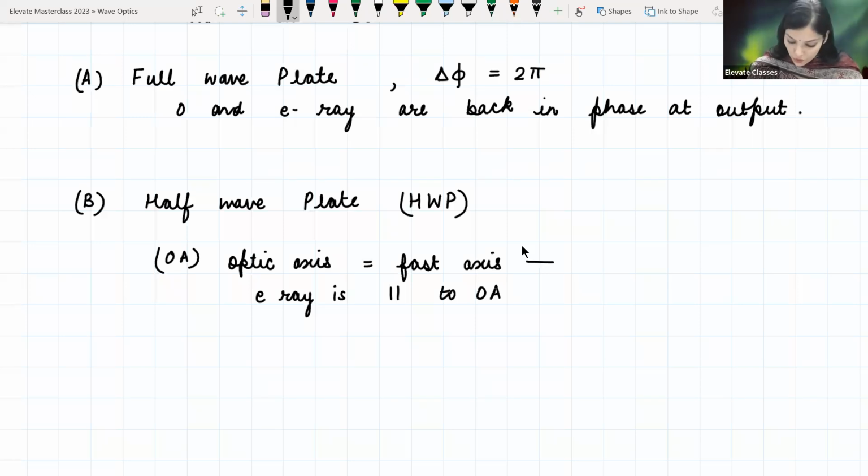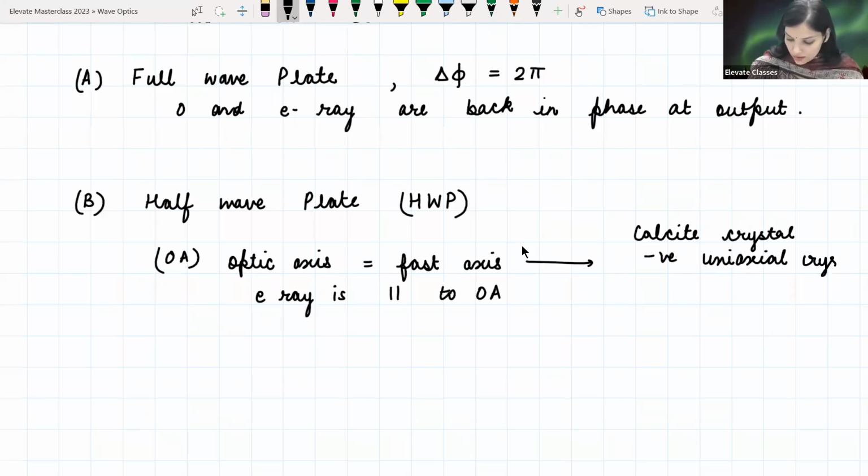This comes from the fact that if I take a calcite crystal, which is a negative uniaxial crystal, what that means is that the velocity of the extraordinary ray is greater than the velocity of the ordinary ray.